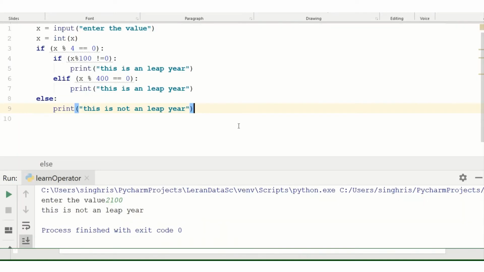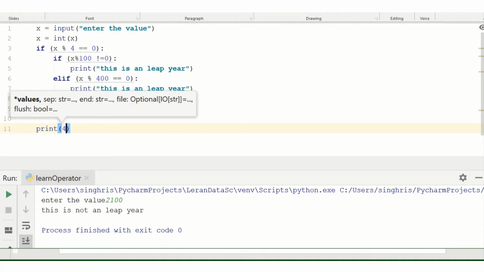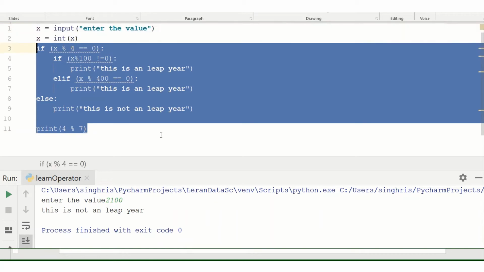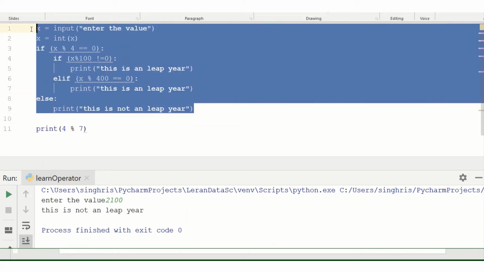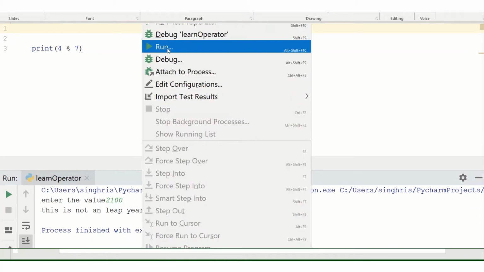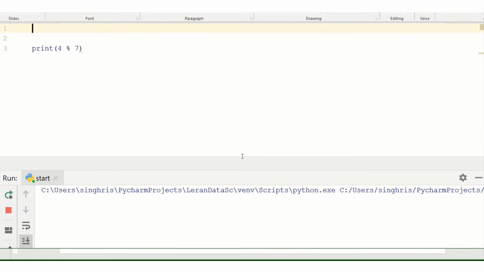I can show you that also. If you want to check it, you can simply print 4 modulo 7. Let's delete this first.